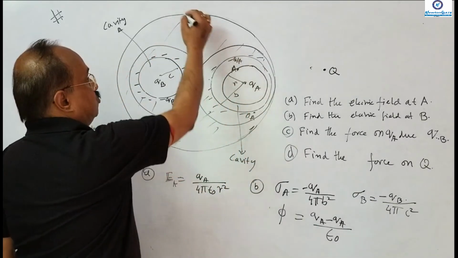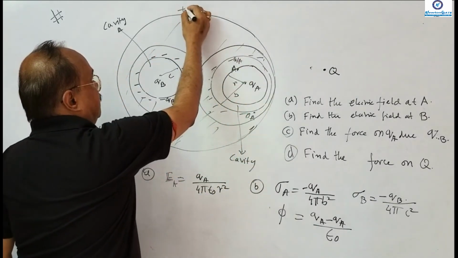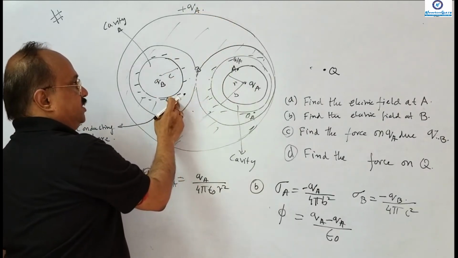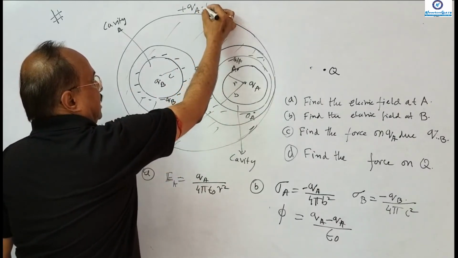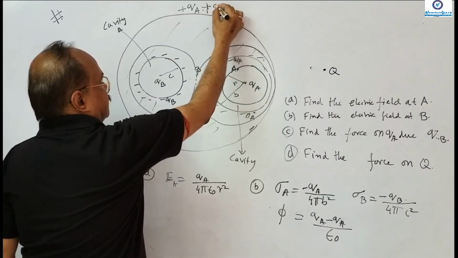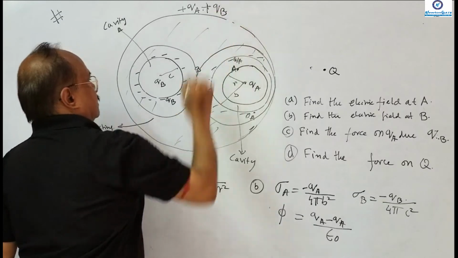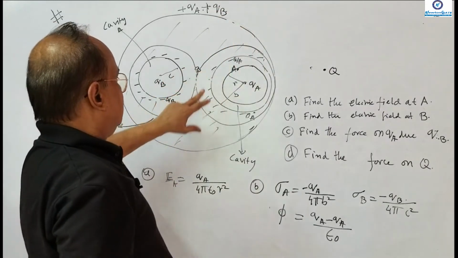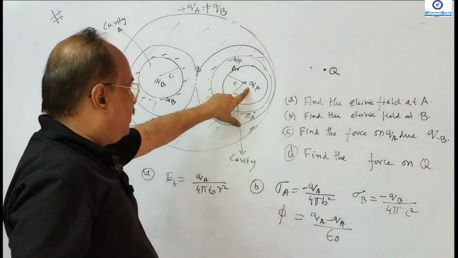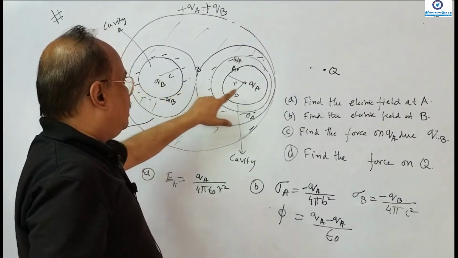That means this minus QA will induce another plus QA charge over here, and this surface's minus QB charge will induce another plus QB charge over here.